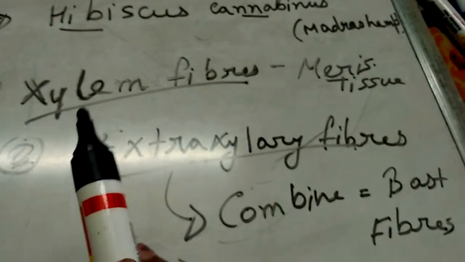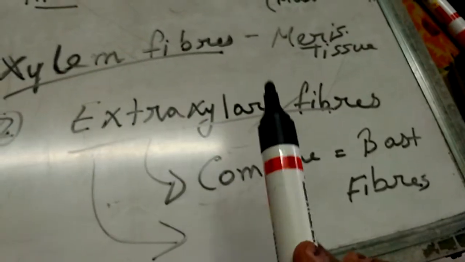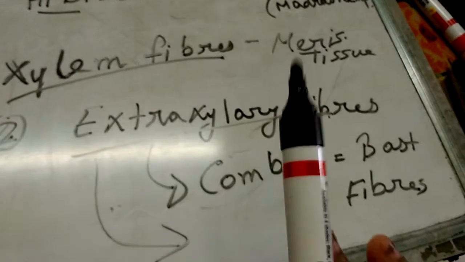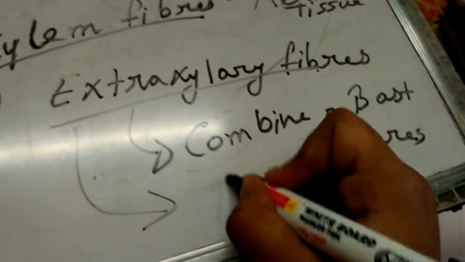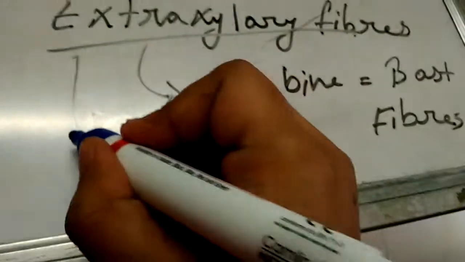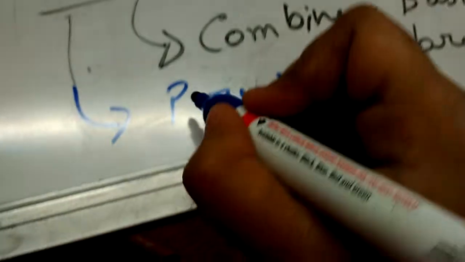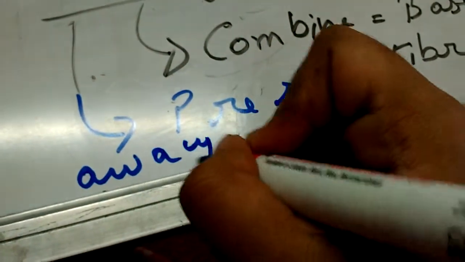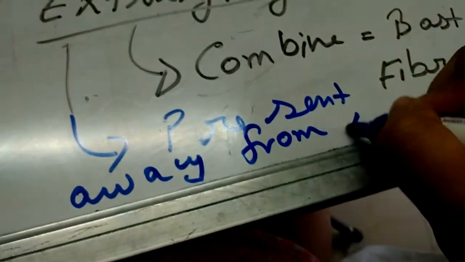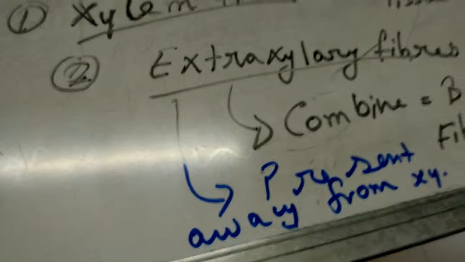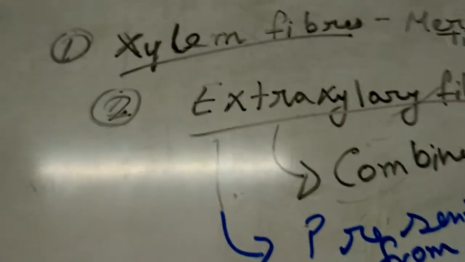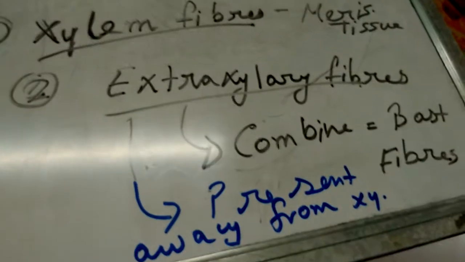So the position of xylem fibers and the position of extraxillary fibers is different. Extraxillary fibers are present somewhere away from the xylem elements.